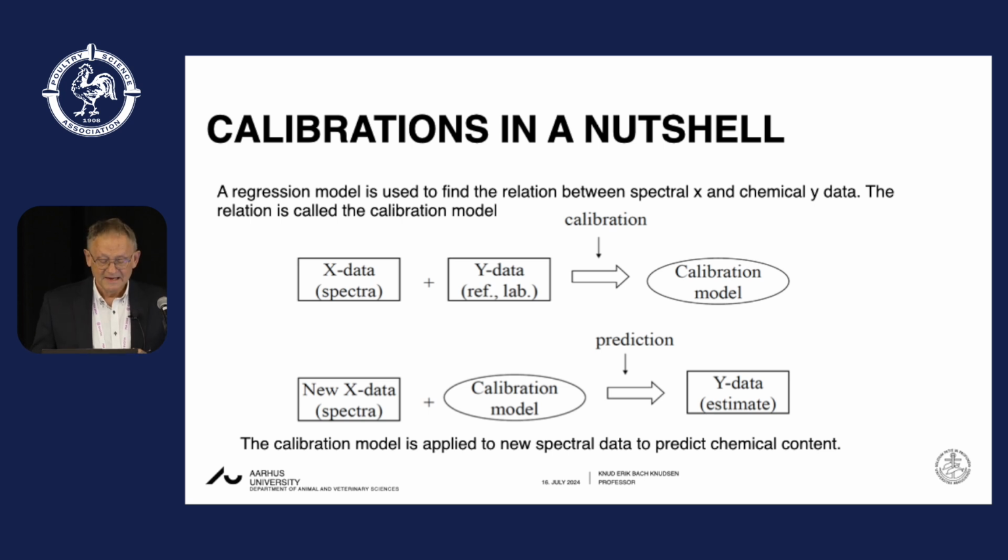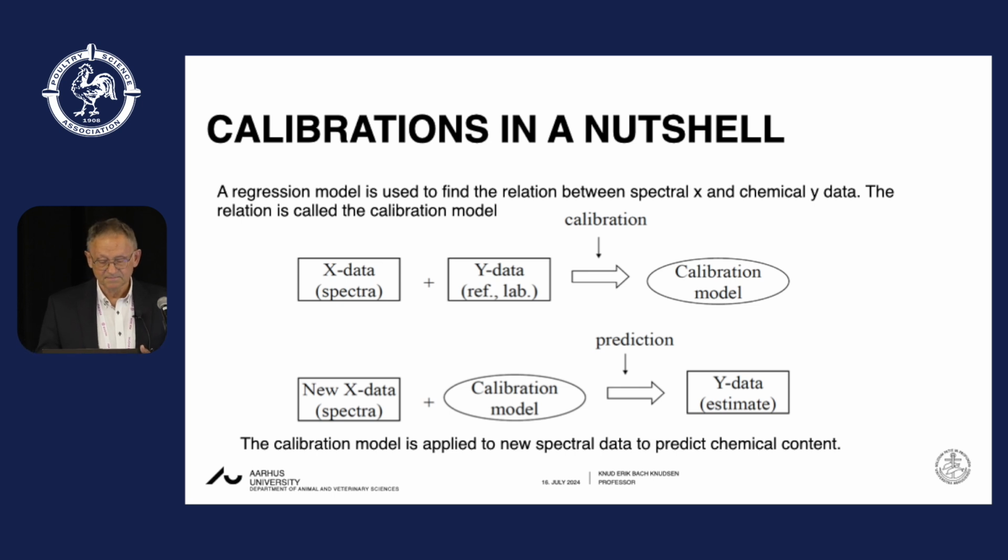If I should try to illustrate it, and I can see I'm running a little bit out of time, what you perform up here is that you have the data. This is the fiber components you have here. This is the spectra. You perform a spectral analysis of the feed. You have the reference data available, and then you create a calibration model. That is straightforward.